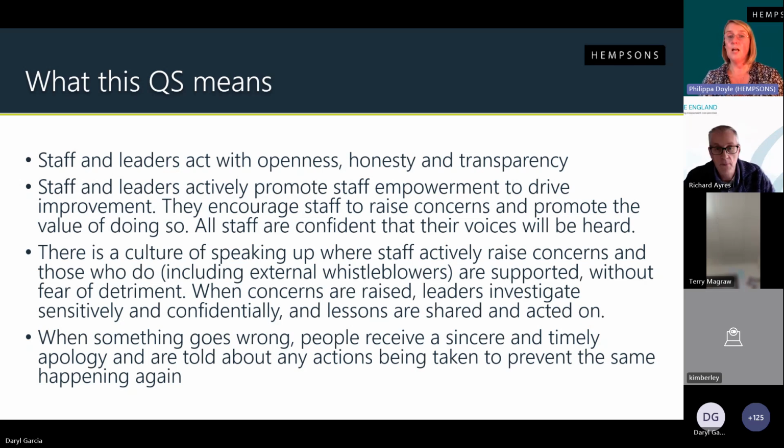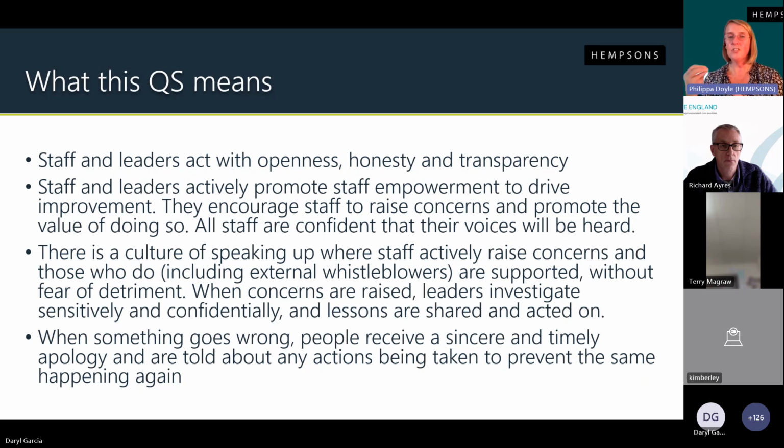They won't just be ignored and swept to one side. And again, they're looking for the culture of the organisation. They're looking again to see that there's a culture of staff being able to speak up, to actively raise concerns, and that they're supported to do that. They're not going to be shot down. They're not going to have any kind of fear of reprisal.